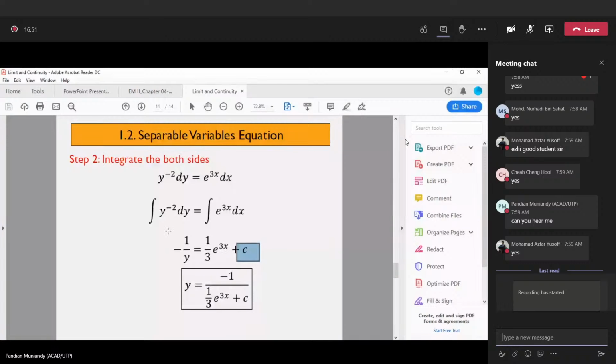So you can stop here, or you can bring y to the right hand side, or keep y as a standalone title here. So y equals minus 1 divided by 1 over 3 e power 3x plus c.